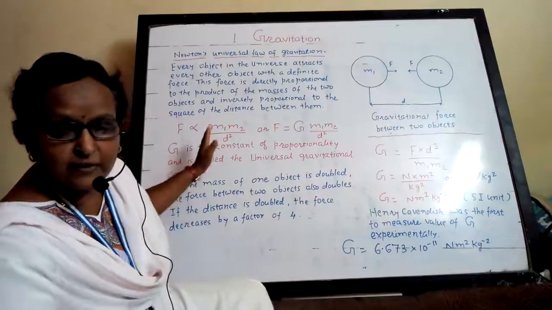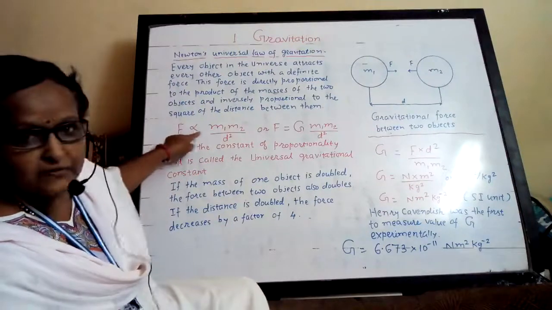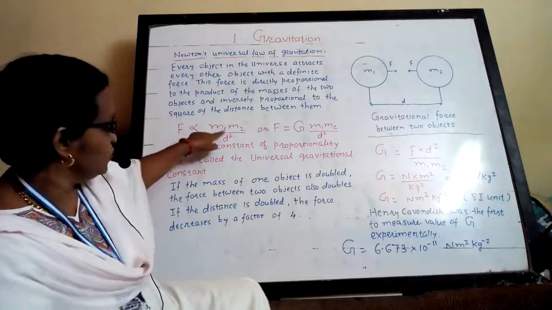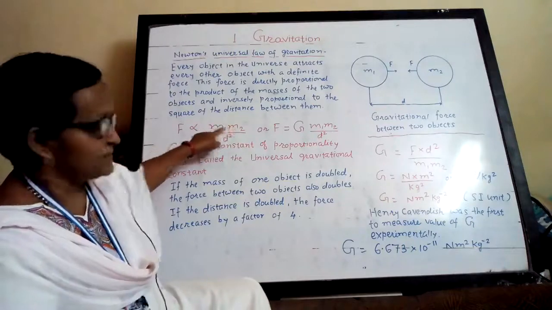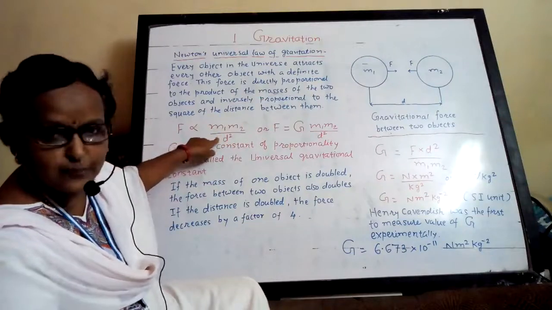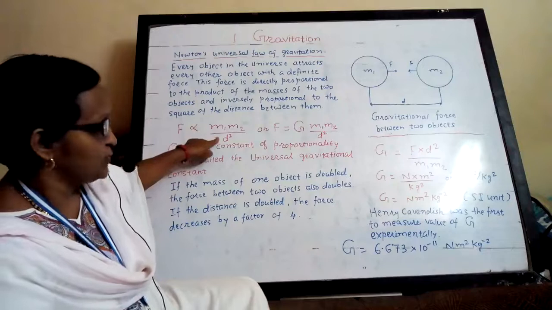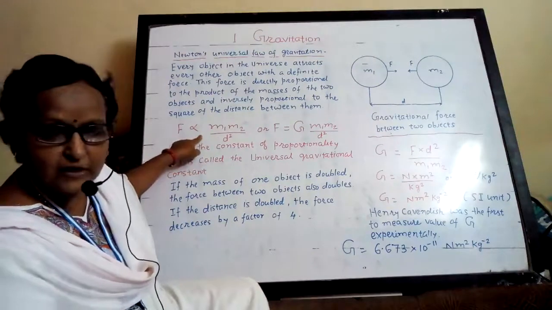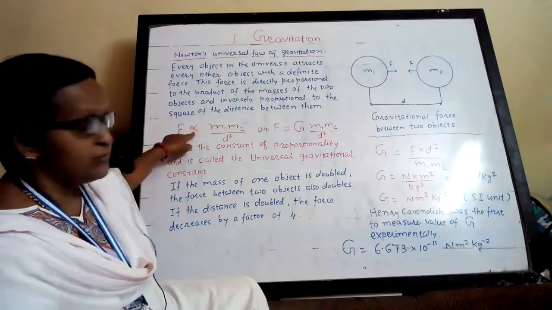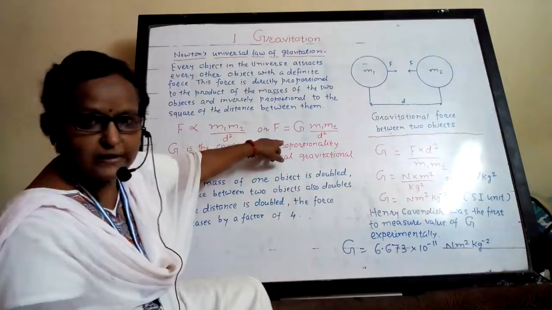Now he has given this mathematically: force is directly proportional to the product of the masses m1 and m2, and inversely proportional to the square of the distance between the two objects. Now, last year we studied that if you want to remove the proportionality sign, we have to consider one constant.